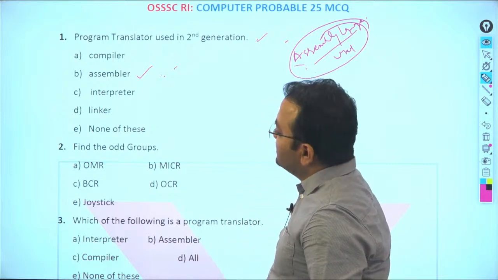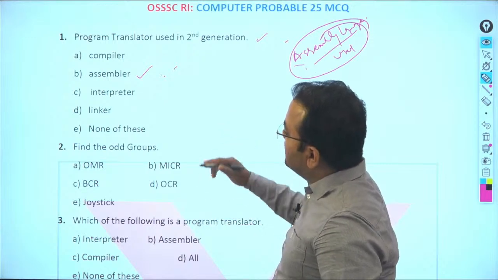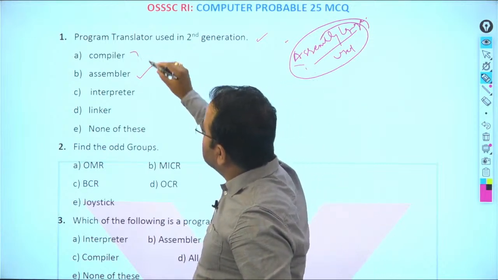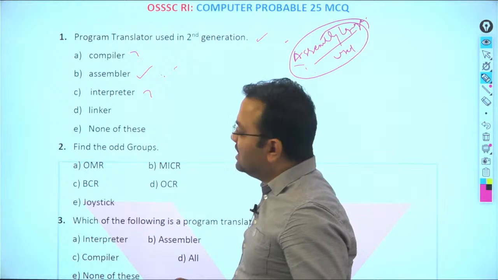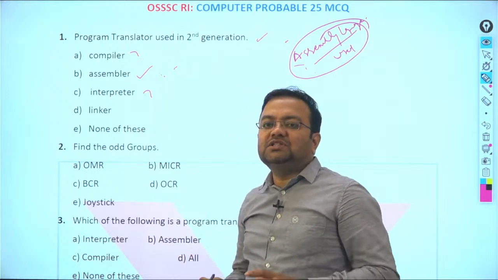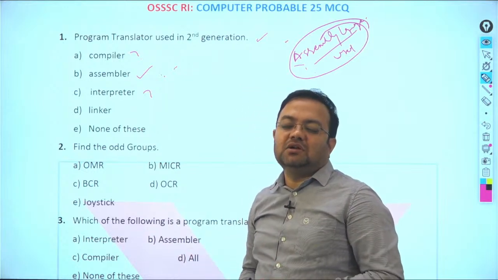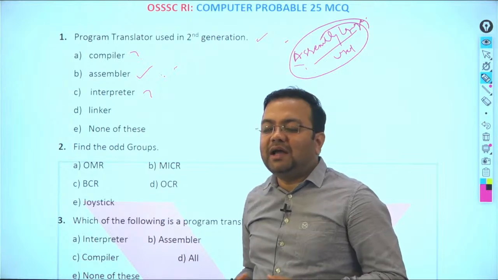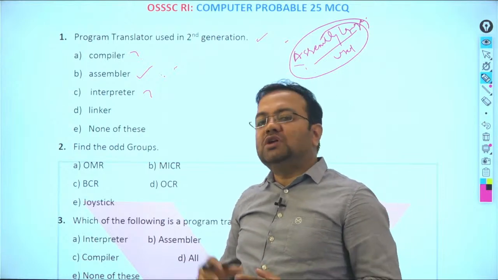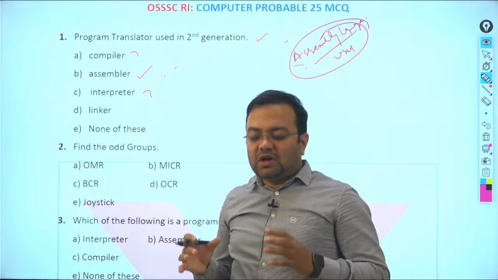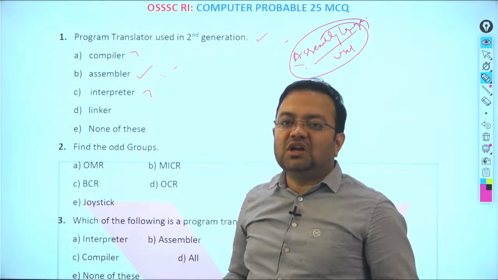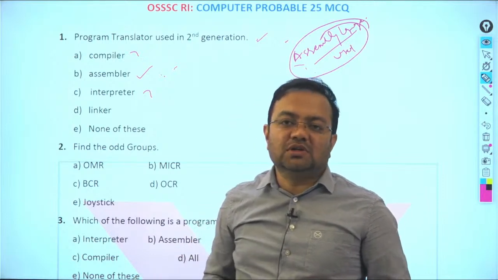Then the other two options, one is compiler, another is interpreter. So students, remember that compiler and interpreter are the two program translators which are specially designed for high level programming languages, to translate them into binary code. High level programming languages like Fortran, COBOL, ALGOL, C, C++, right?